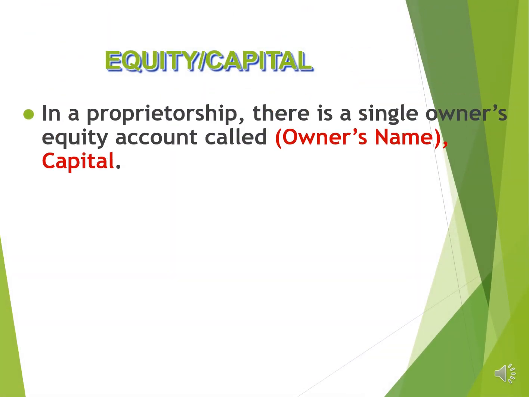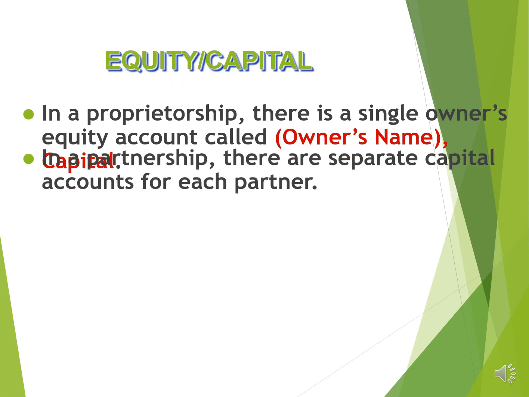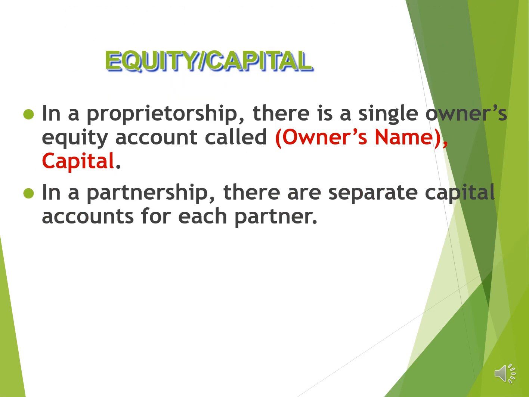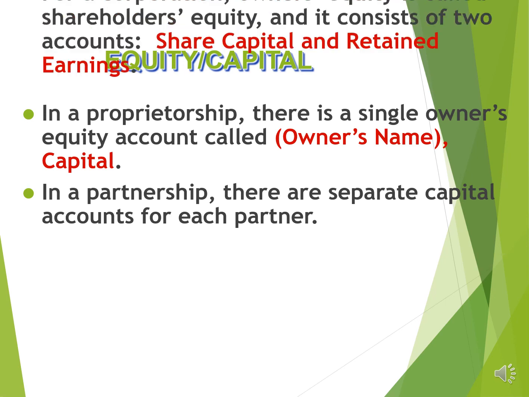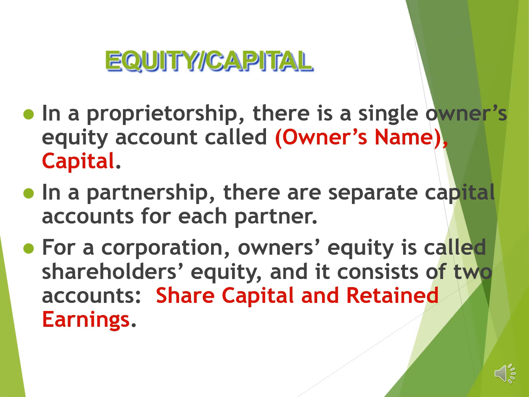Equity or capital: in case of proprietorship, the capital contributed by the owner is called capital. In partnership, the amounts contributed by the partners are called partners' capital. And in case of a corporation or company, the capital is called share capital.